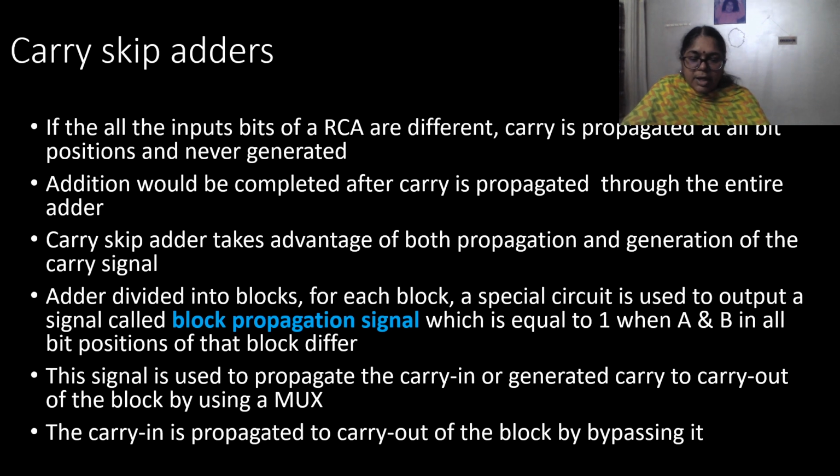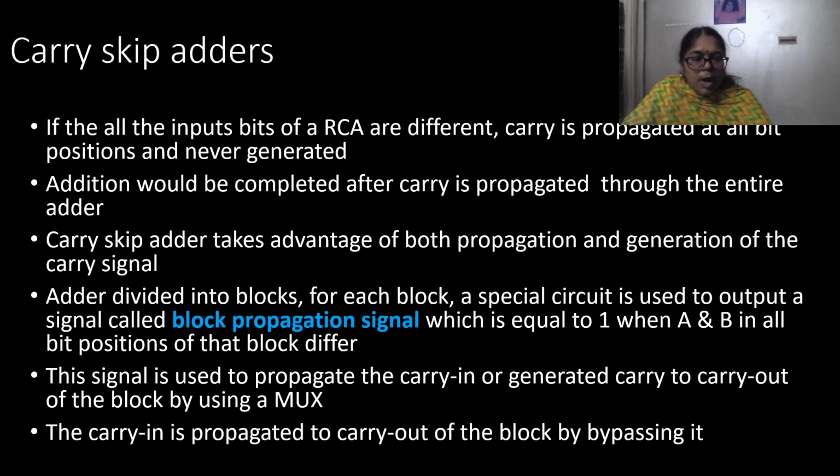What does that mean? You have one block. In that block, let us say you have 4 adder cells. So to the 4 adder cells, you will be giving 4 bits from each of the inputs. That is, for example, A0, B0, A1, B1, A2, B2 and A3, B3. Now, what does this special circuit do? It takes these inputs and calculates the block propagation signal.